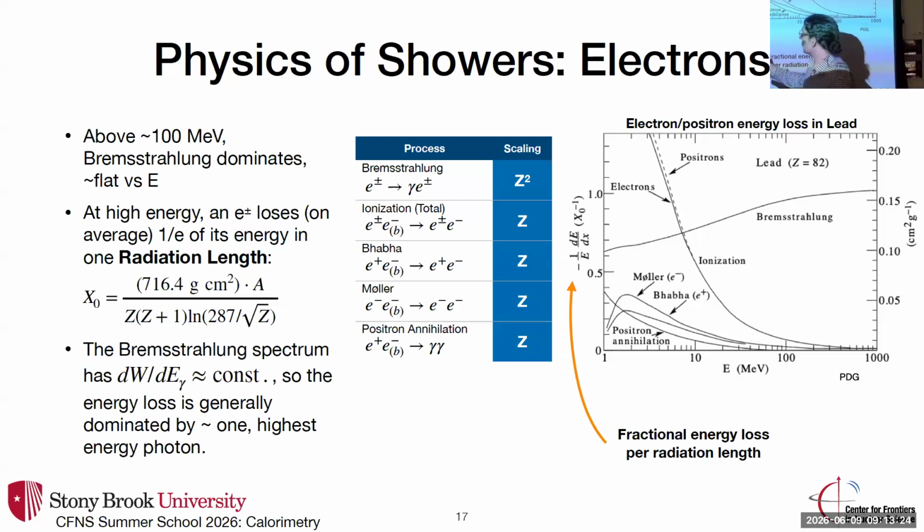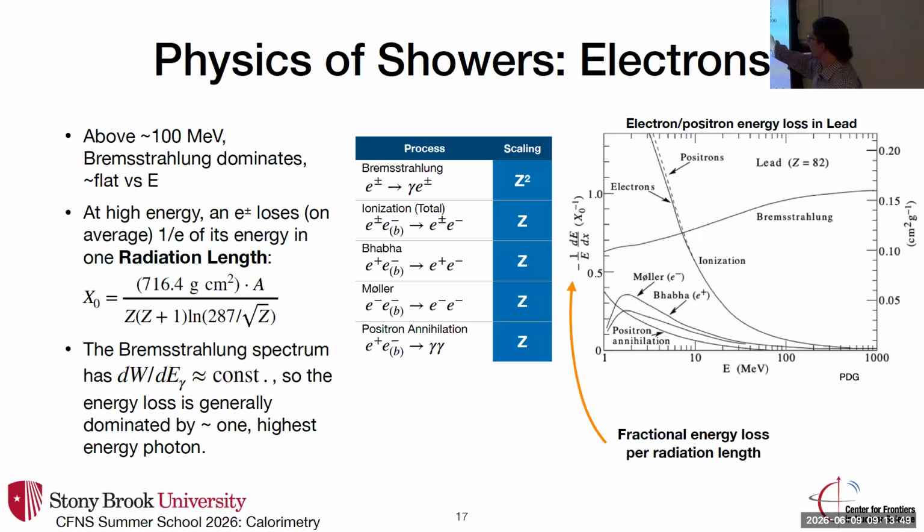It doesn't emit a single photon. It emits a spectrum where the power per unit energy of the photon is about flat. So you get a bunch of really soft photons on one end and very, very few, very, very hard photons on the other end. But the upshot of this is that generally there'll be one highest energy photon that's emitted, and that's the one we're going to care most about.